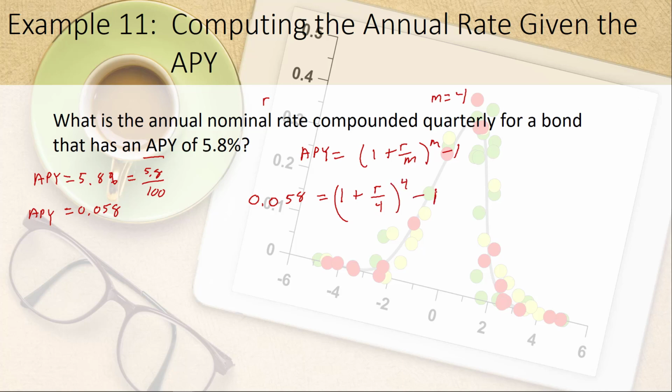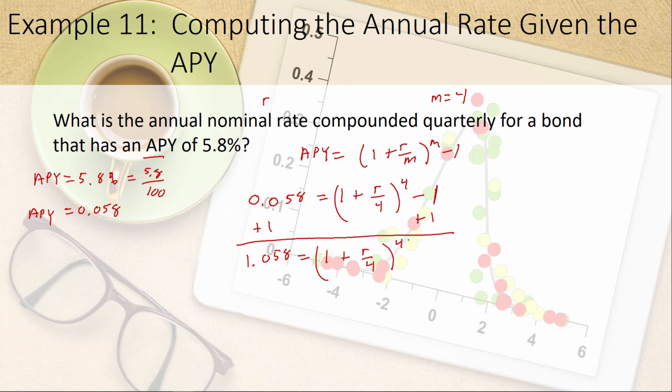Well, the first thing that we can do is add 1 to both sides. Plus 1 here, plus 1 here, and that will give us 1.058 is equal to (1 plus R over 4) raised to the fourth power.